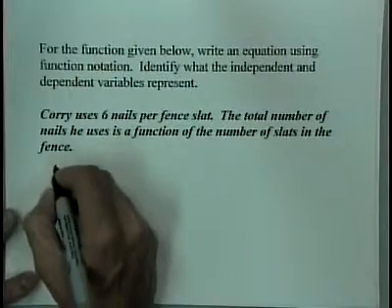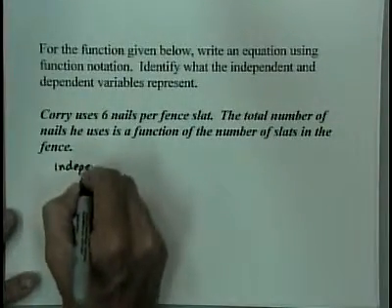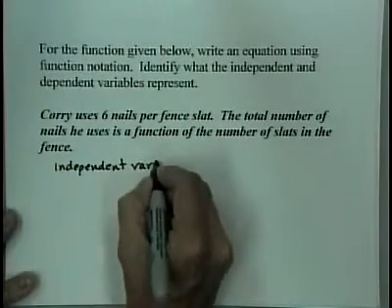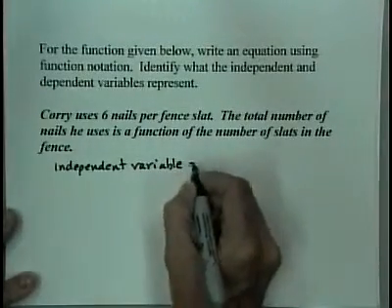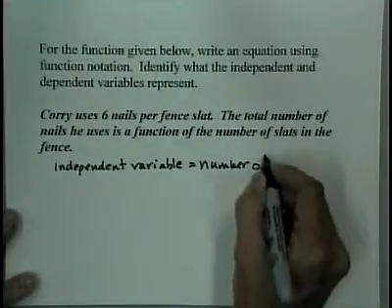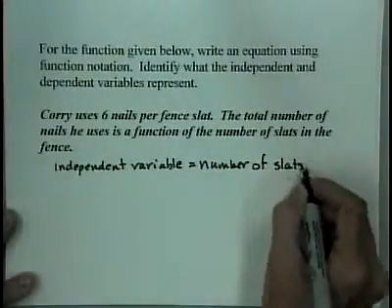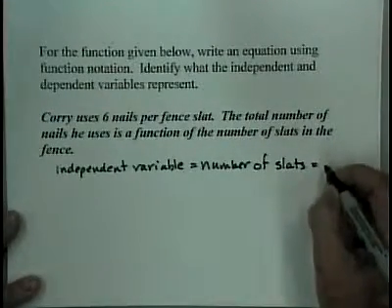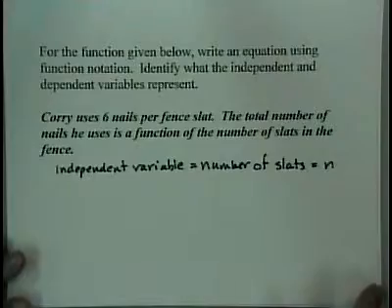So our independent variable should be the slats, the number of slats. We should call that some variable name. Let's call it n for number.